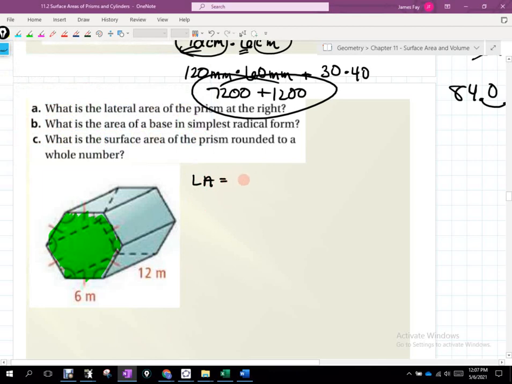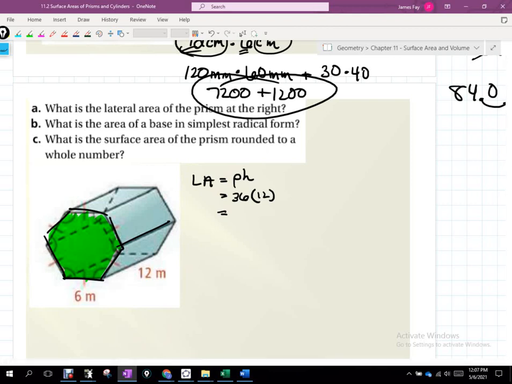So the lateral area, remember, is P times H, correct? Okay. What's the perimeter of this hexagon? 36. What's the altitude of the prism? 12. Okay, what's 36 times 10? 360. What's 36 times 2? 72.